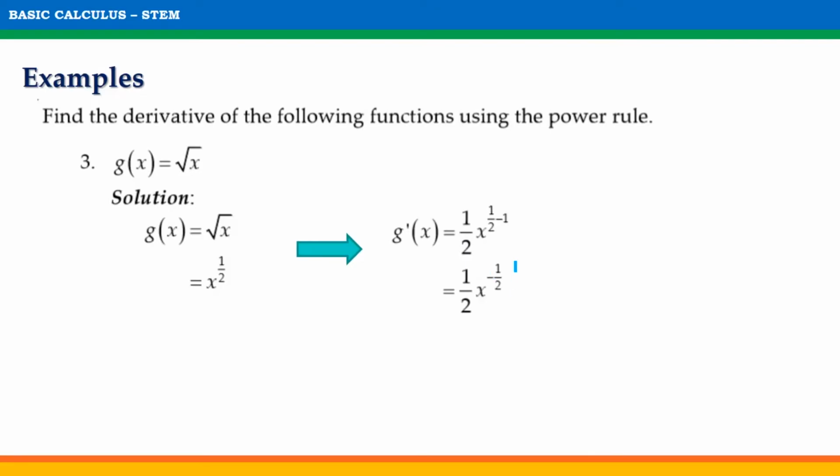To make negative 1/2 positive, then we will have here 1/2 times 1 over x raised to 1/2, or simply equal to 1 over 2x raised to 1/2. Remember that x raised to 1/2 is equal to square root of x. Thus, the final answer will become 1 over 2 square root of x.